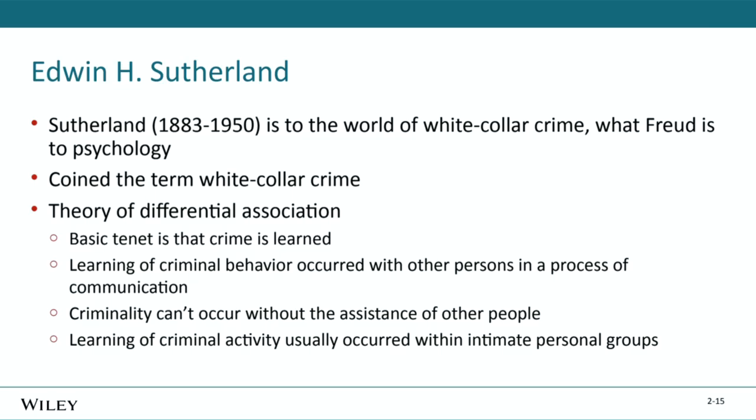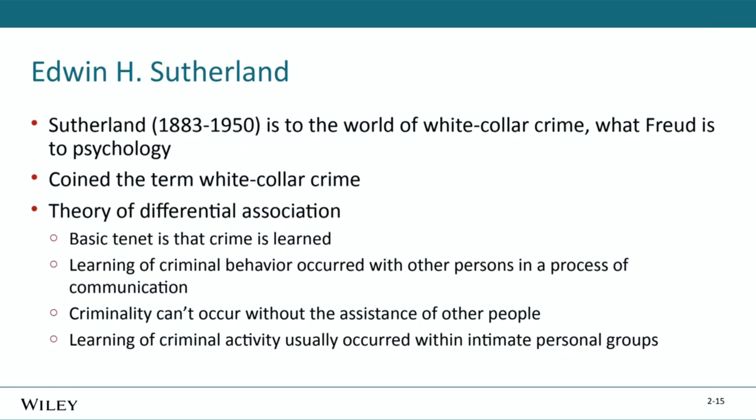So he was coming out of college and starting his research in the very early 20th century, when a lot of folks thought, and some still do, that crime is not a learned behavior, but some people are just born criminals. Okay, it's almost like a genetic thing. Then it's not. It's a learned behavior.